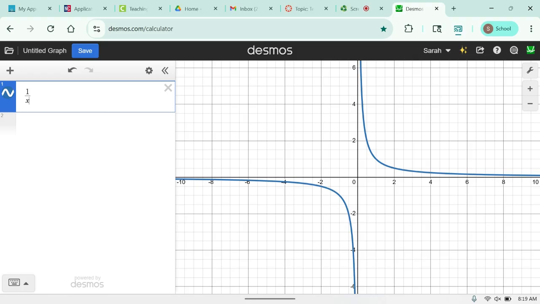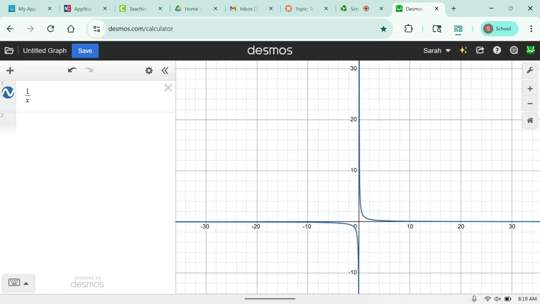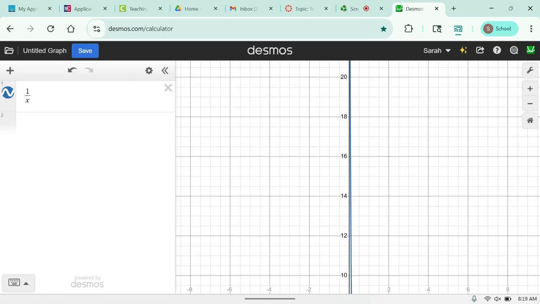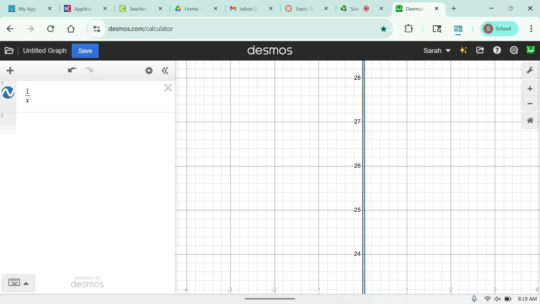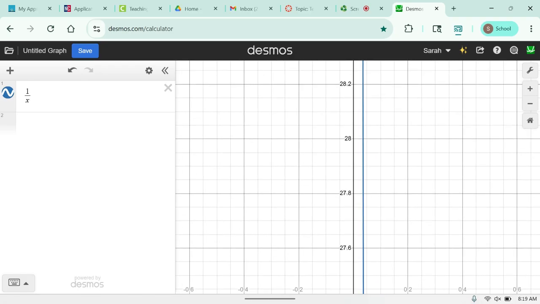We already said that for this function, we cannot have an x value where x is equal to 0. In other words, the y-axis. When x is equal to 0, we're on the y-axis. What's going on with our graph there? Does it ever look like it's going to touch? No. Even if we get really, really close to it, watch this. It looks like it's touching right here. Well, if I zoom in a lot, there's still space there.